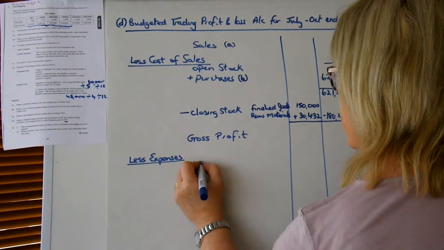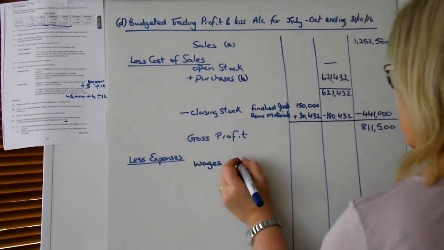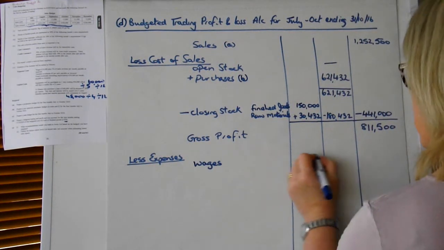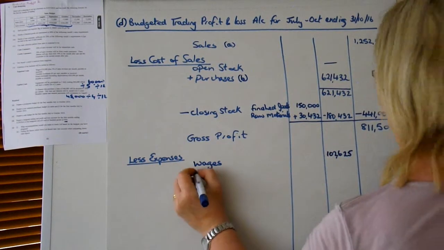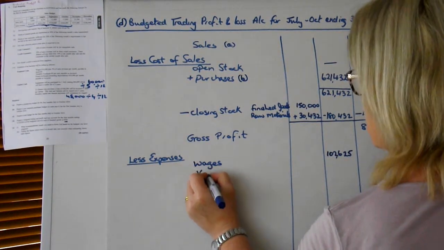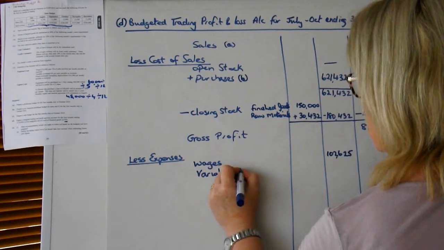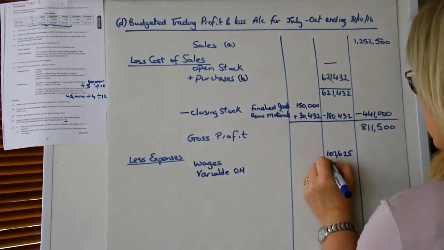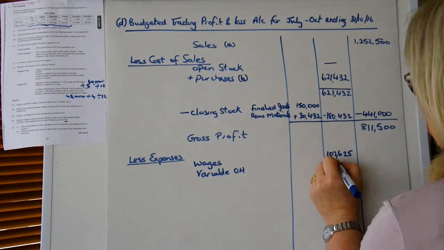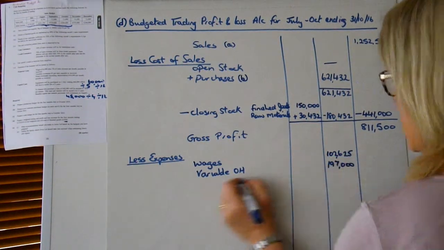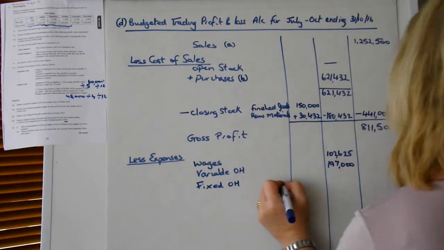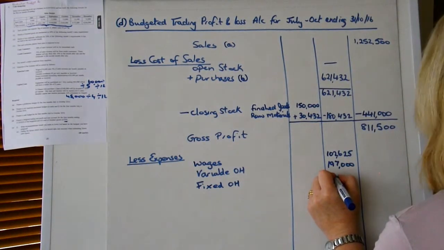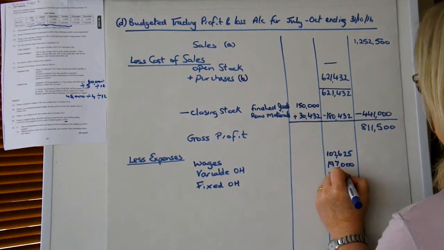So the wages from Part C for the 4 months was 102,625. The variable overheads totaled for the 4 months at 197,000, and the fixed overhead. That's just a quick calculation on your calculators. You don't need to show those workings again.